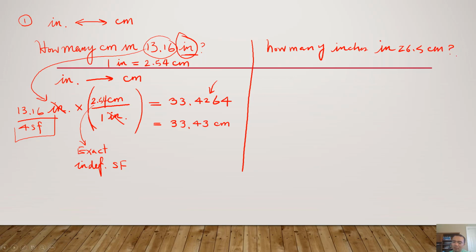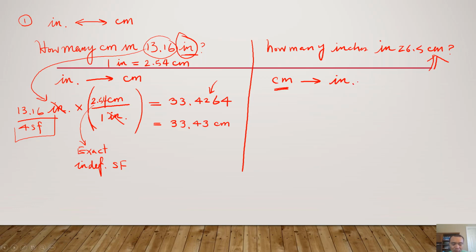Okay, so when you set this up, first the solution map, we need to convert, because we are given 26.5 cm, so cm is known. That's the starting point. We want to convert this to inch.